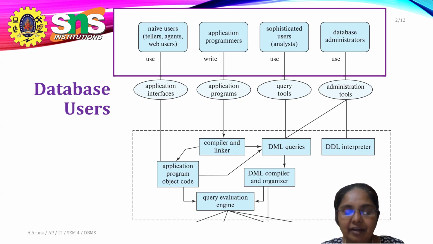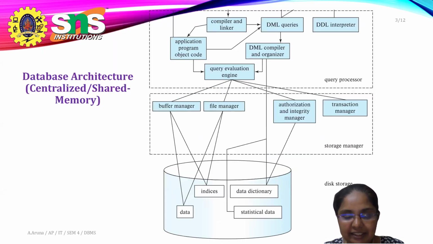If you are using a query tool, we need DDL queries and DML queries. If it is an administrator, they design the schema, and the remaining things are handled by the administrative tools. So finally, the query processor, based on the user, generates the query by using the query evaluation engine.